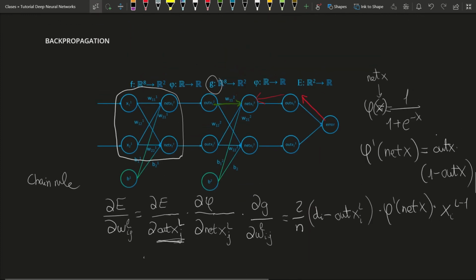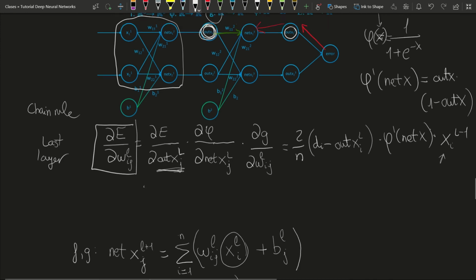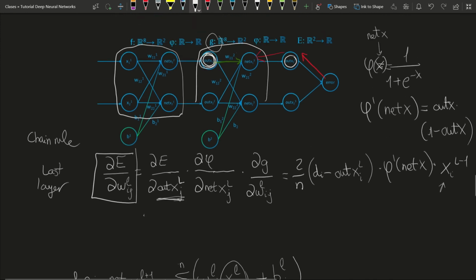So in this example we need the derivative of this out multiplied by 1 minus out, and then multiply this by the derivative of the error with respect to the neuron, that is this value, and we'll have the derivative of the error with respect to a weight in the last layer, that is only this layer.